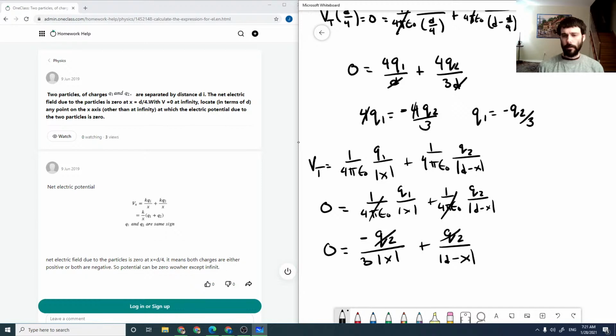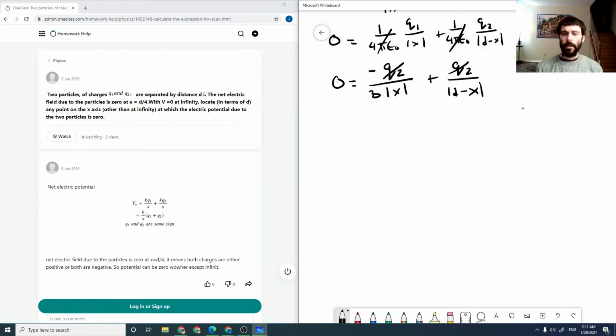We can cancel our q2's now, and so this equals 0 wherever 0 equals minus 1 over 3 absolute value of x plus 1 over absolute value of d minus x.